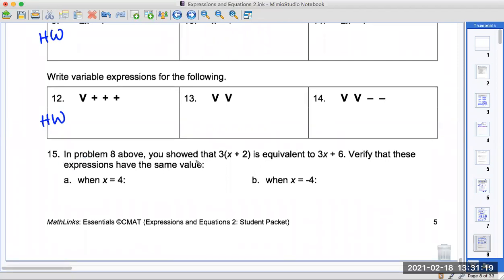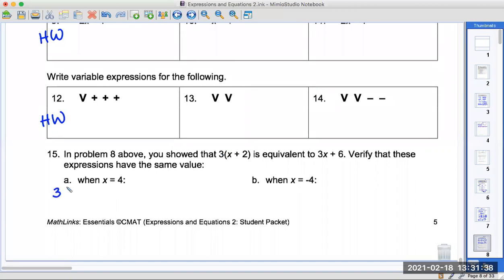In number 8 above, you showed that 3 times the group x plus 2 is the same as 3x plus 6. Verify that these expressions have the same value when x is 4. So I'm plugging in for every x the number 4.